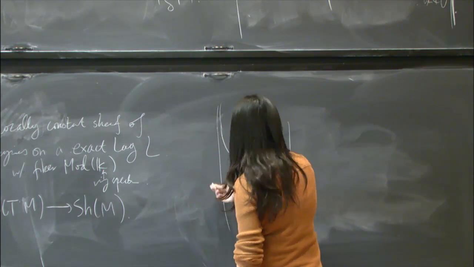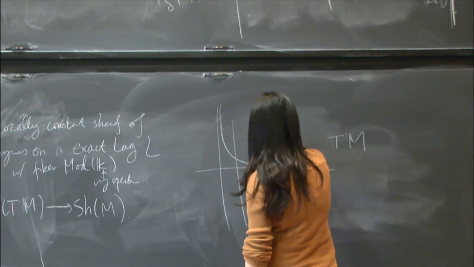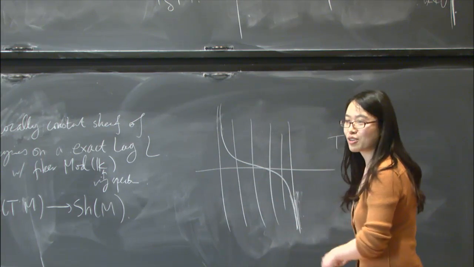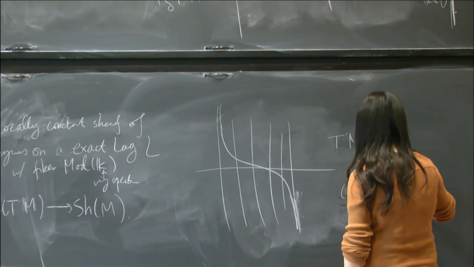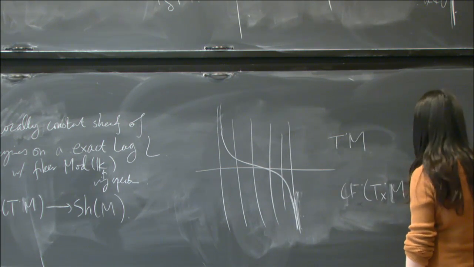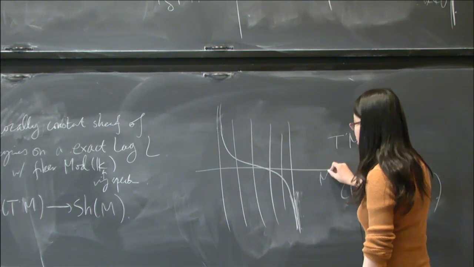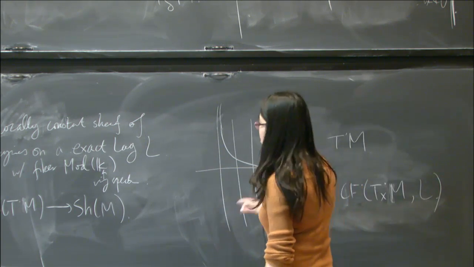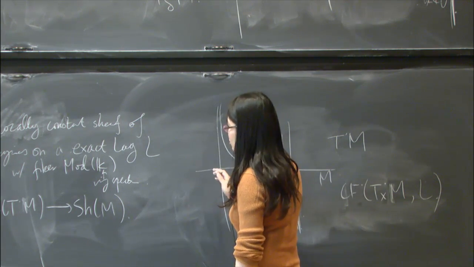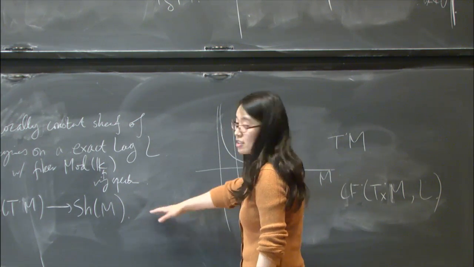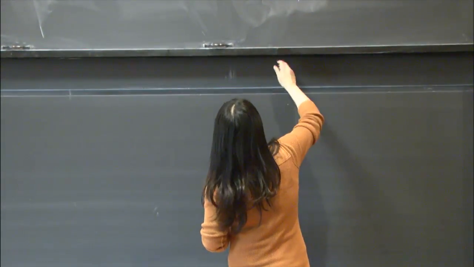Then to define a sheaf on M, in T star M, one does something similar to a family Floer calculation. You take the Floer cochain complex between every cotangent fiber and your Lagrangian, and then one can show that these glue to constructible sheaves on M. So it really relies on Floer theory, and our aim is to give a purely topological realization of this functor.